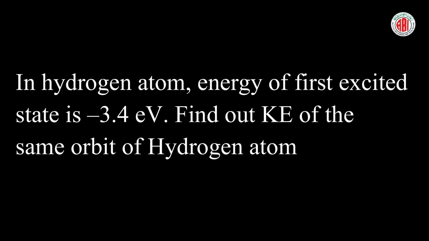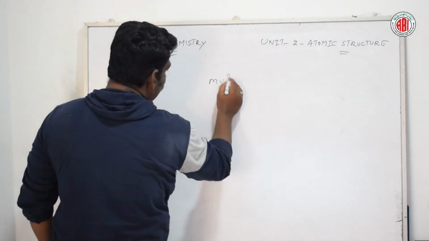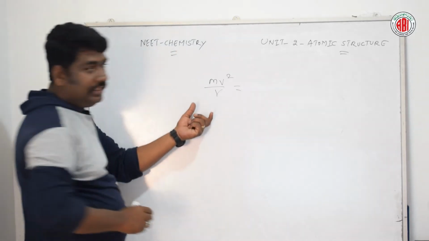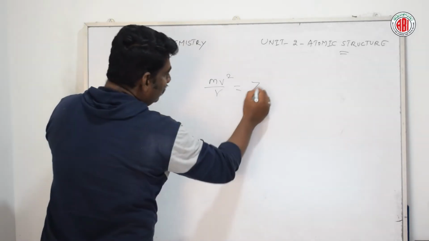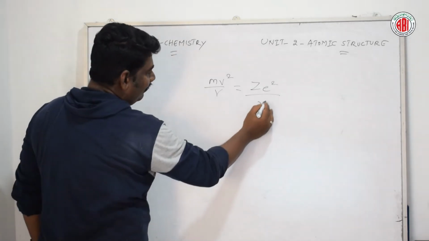Therefore, the centripetal force, which is supplied by the electrostatic force of attraction between the electron and nucleus, can be written as mv²/r = Ze²/r².